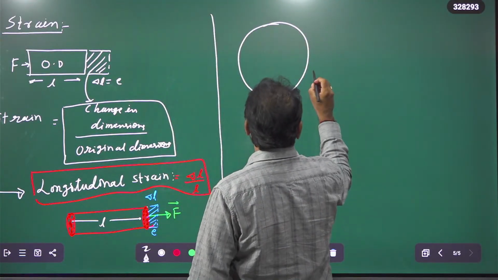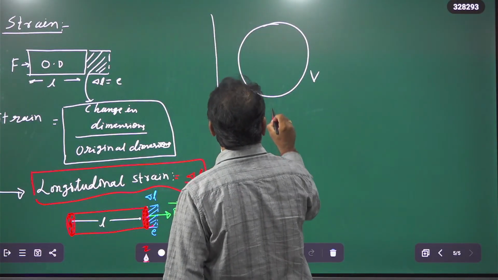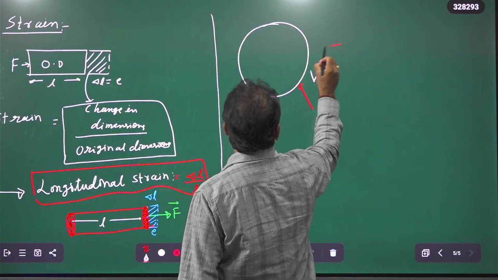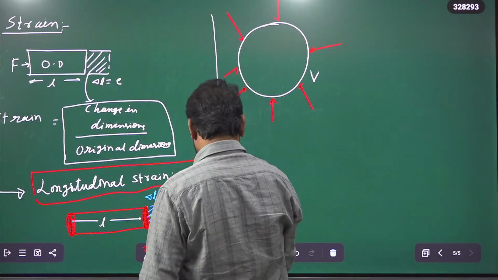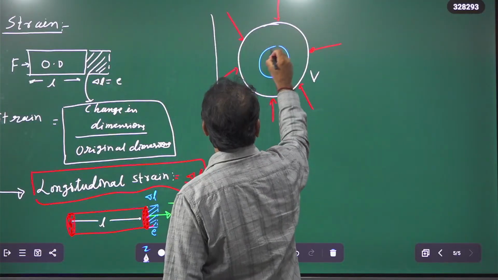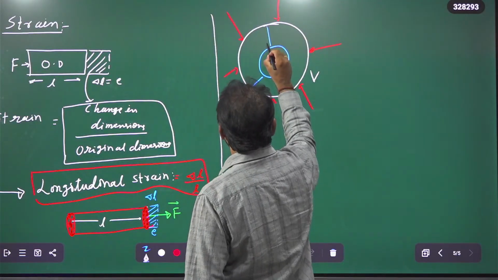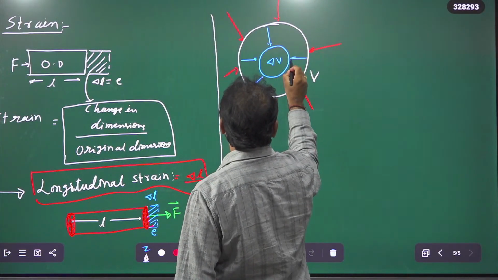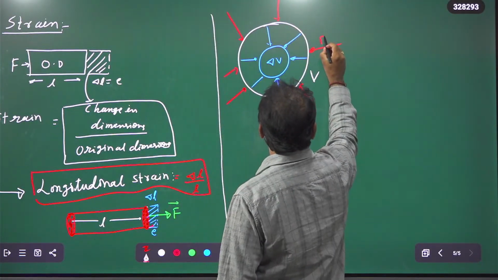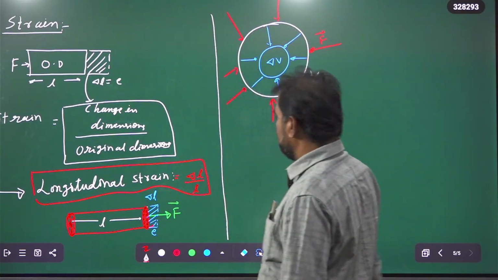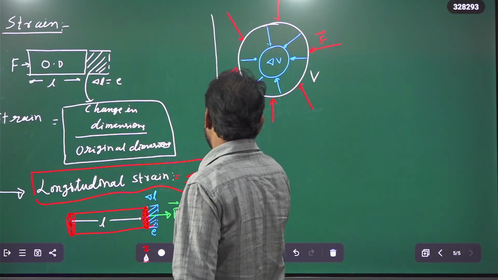Initially it has a volume V. When I apply some amount of force across it, its volume decreases by delta V. The volume is decreased due to this external force. So this is called volume strain, or bulk strain, or normal strain.